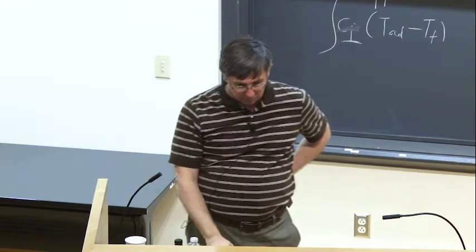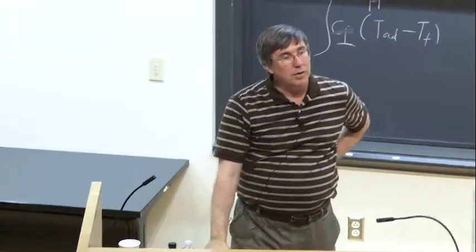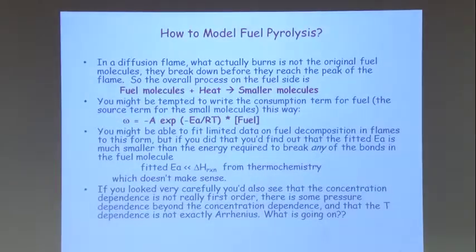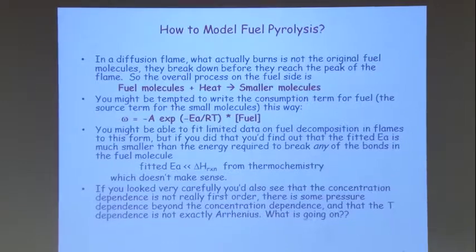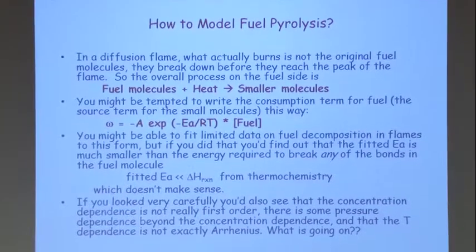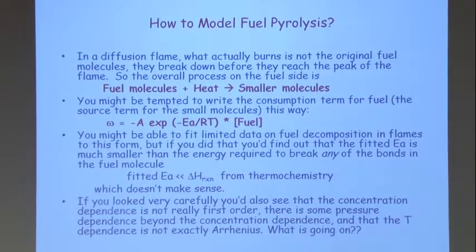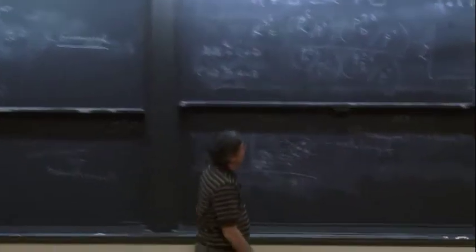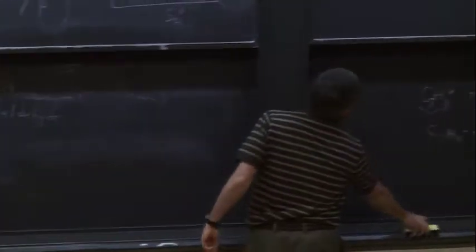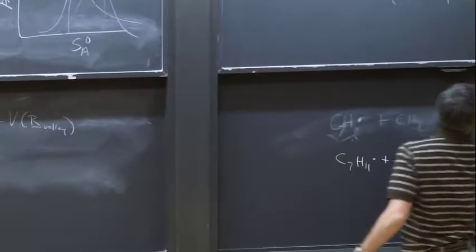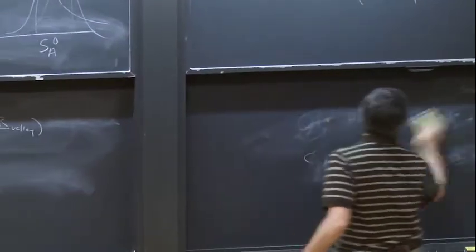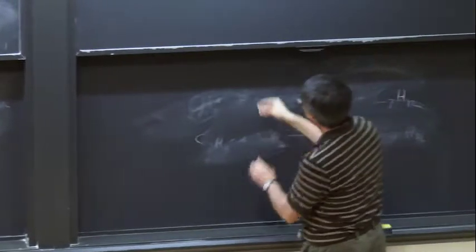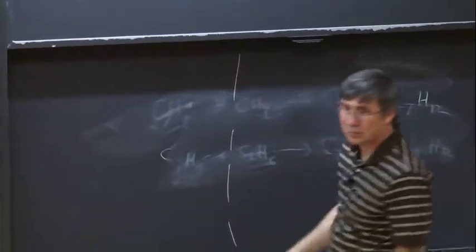So how do we model the pyrolysis? A very important thing about this is to realize that what's burning in a diffusion flame is not the fuel. It's the fuel breakdown products. So let me draw a little picture. Okay, so here's our flame, dotted line.